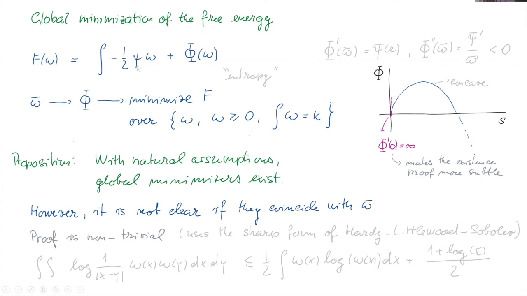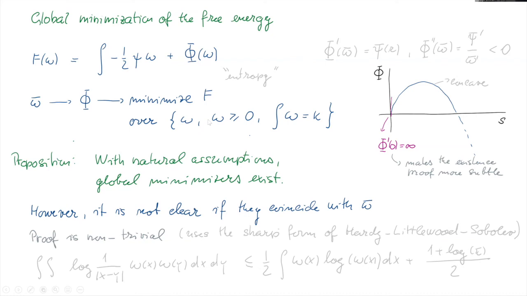But the problem is that we don't have any examples of global minimizers. For this Oseen vortex, we are able to show it has positive second variation, but of course that's not the same as saying it's a global minimizer, and we are not able to decide if it is a global minimizer.